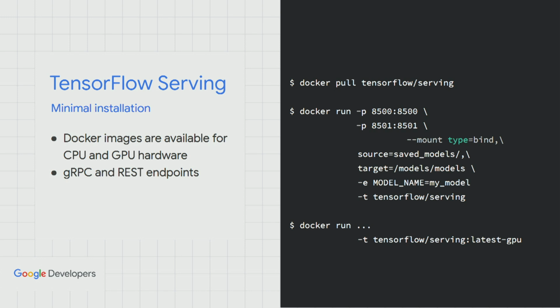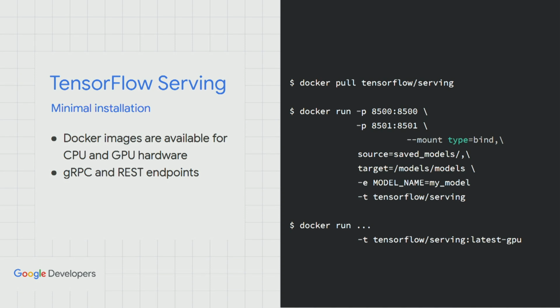You mount the directory where you exported your model to. You tell TensorFlow Serving which model it's supposed to load. In this case, the model is called my model. And then you just run the container called TensorFlow Serving. In case you want to do the inferences on a GPU, the only thing you have to do is swap out the container image name.